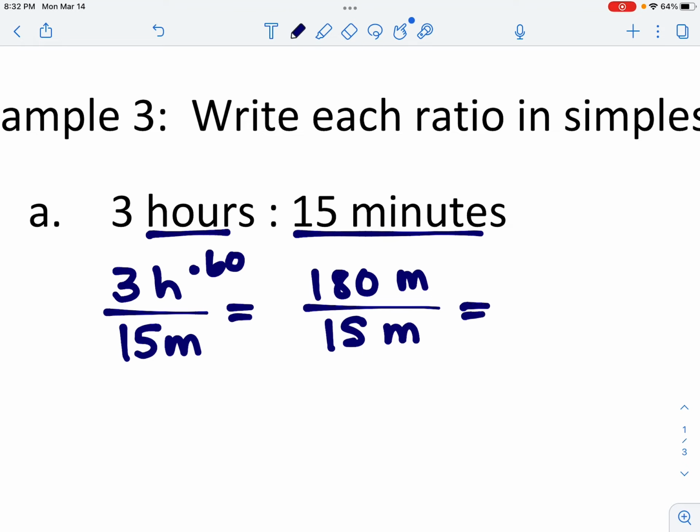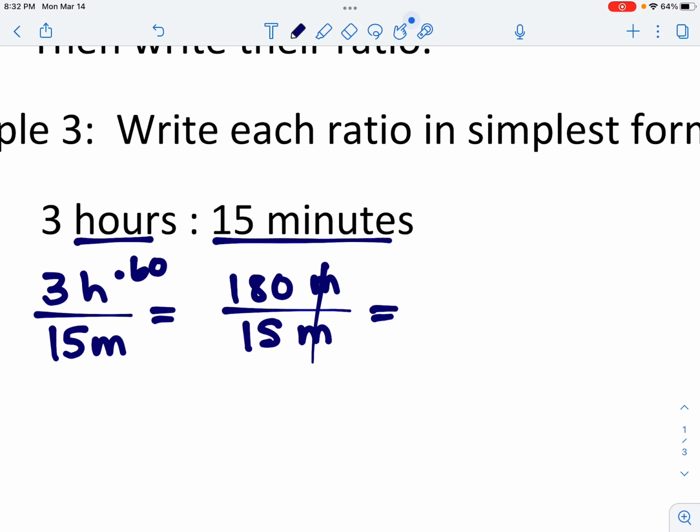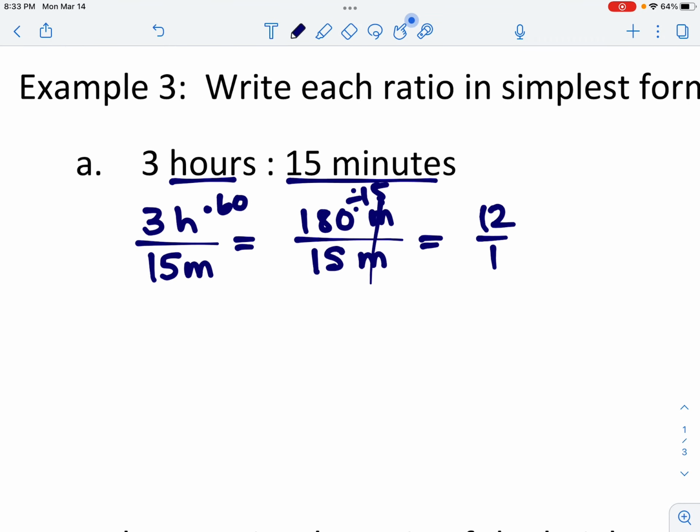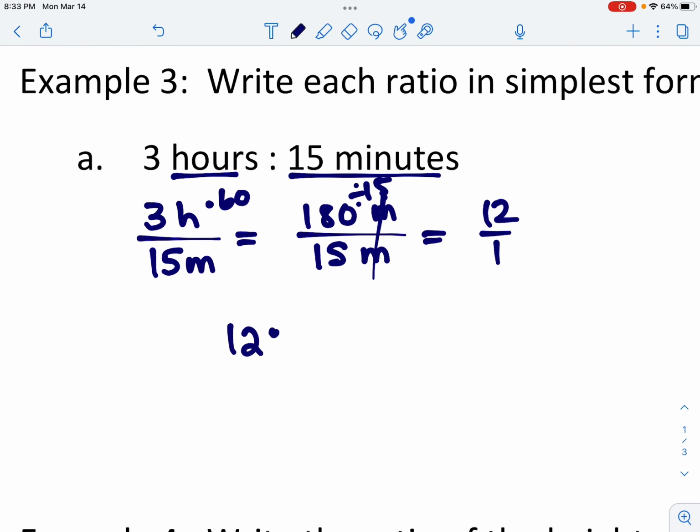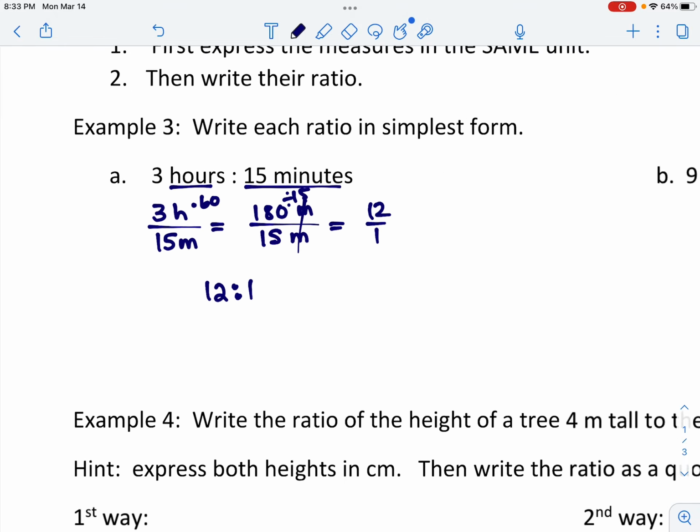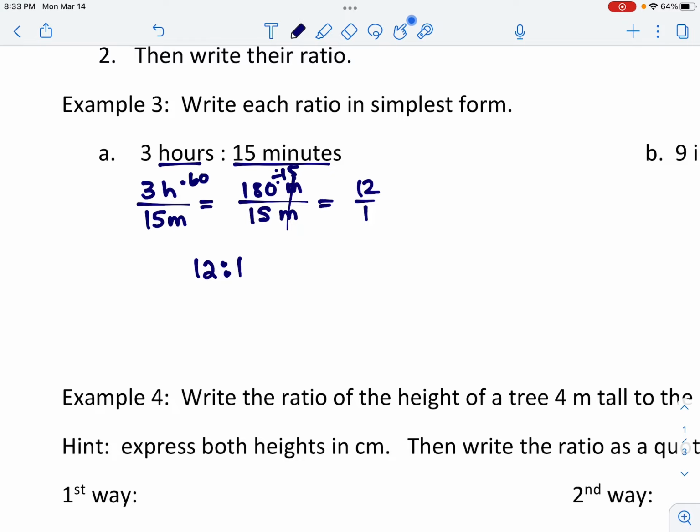So my minutes cancel. 180 divided by 15, I can divide both of those out evenly by 15. So I'm going to get 12/1, or I can write it as 12 to 1. Okay? So we always have to convert to the same units first.